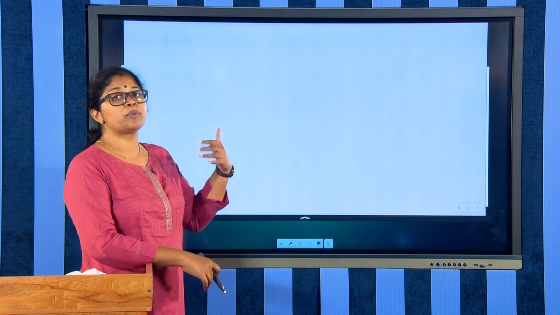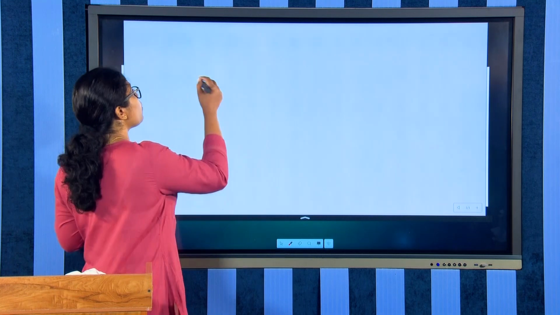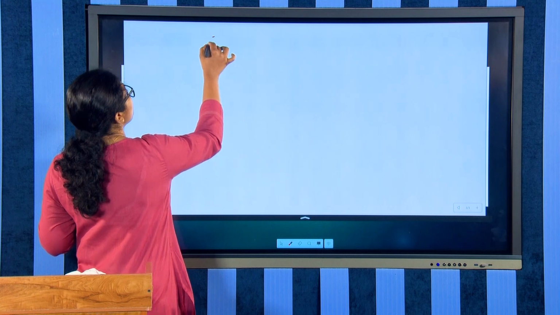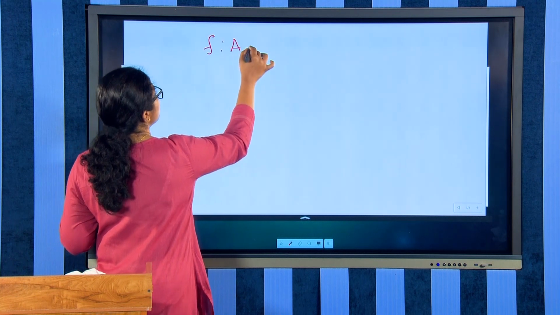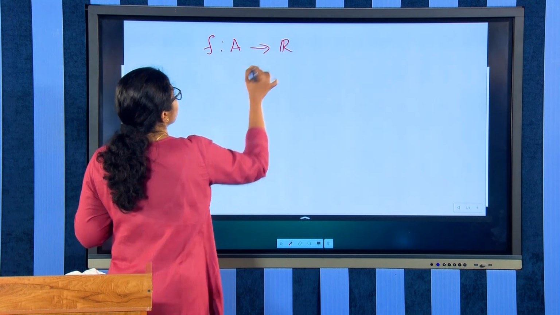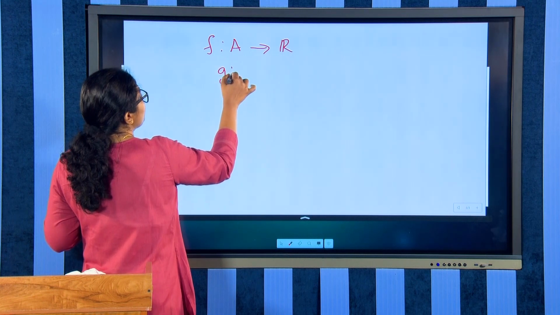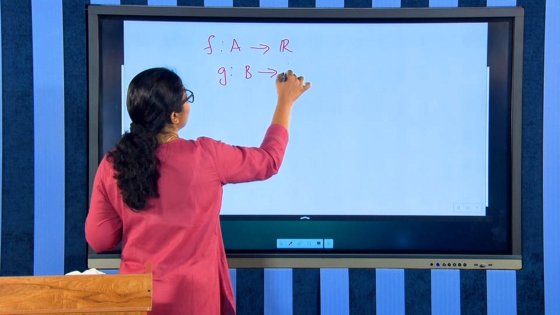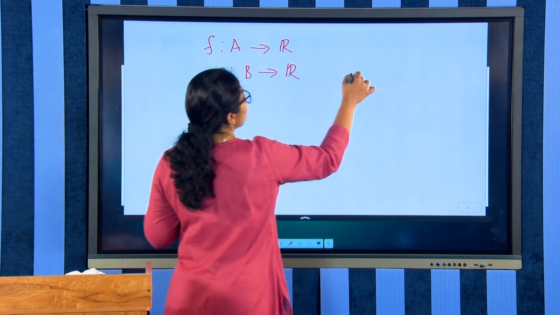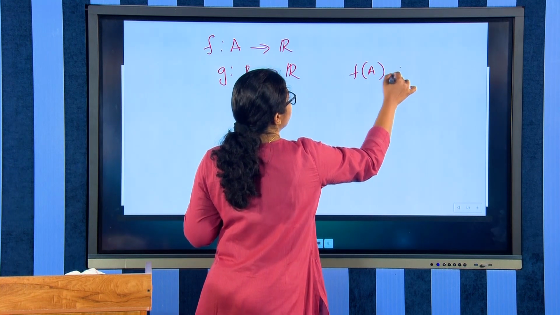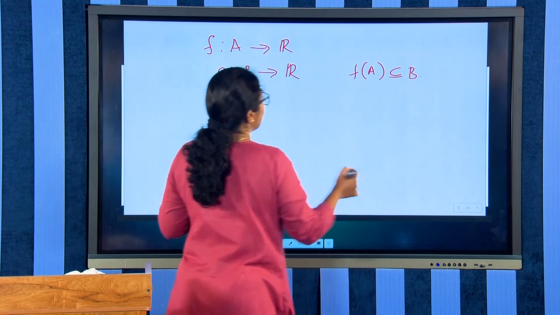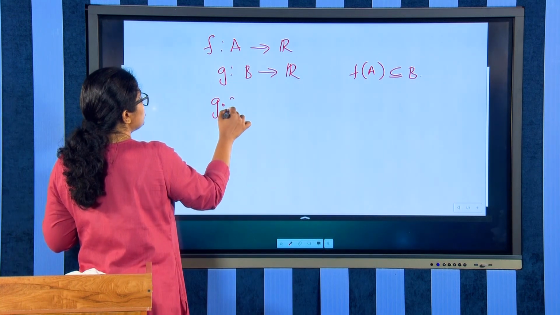Before going to the proof, let us see what a composition of functions is. Suppose f is a function from A to R and g is a function from B to R, where f of A is a subset of B. Then we can define g composition f.